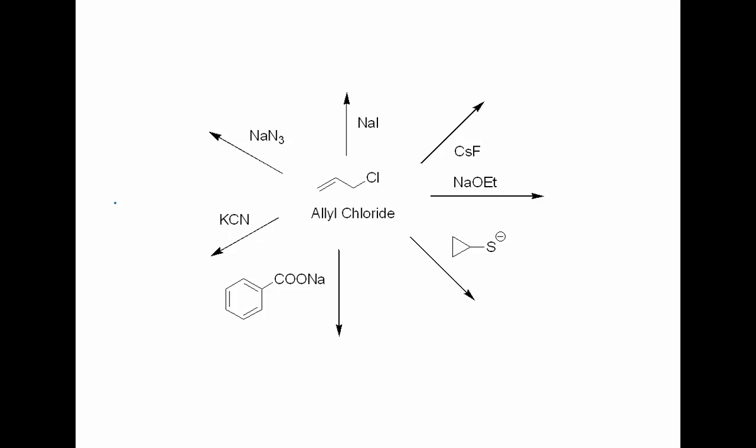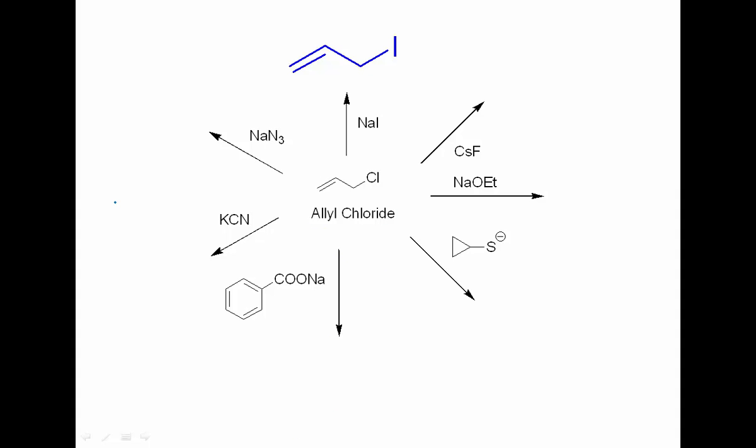Okay, so let's look at a sample equation here. What's going to happen when we treat this compound in the middle here, allyl chloride, with various nucleophiles? Okay, so a reaction with sodium iodide is going to turn the chloride into the iodide, reaction with cesium fluoride.